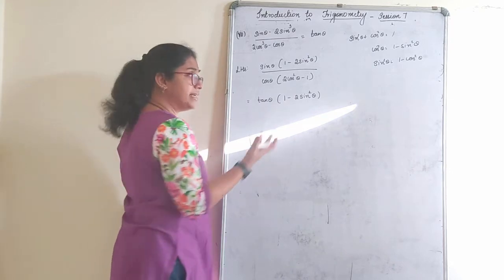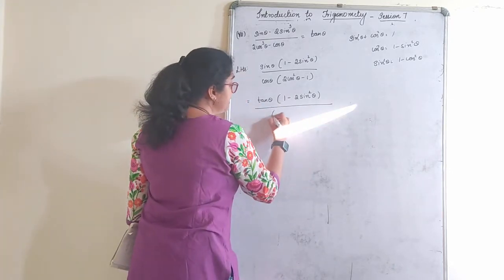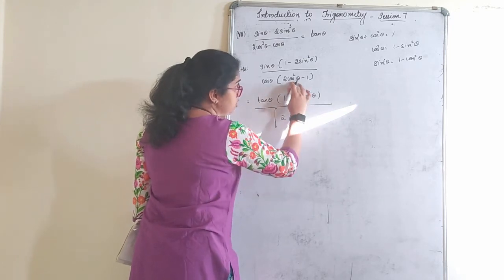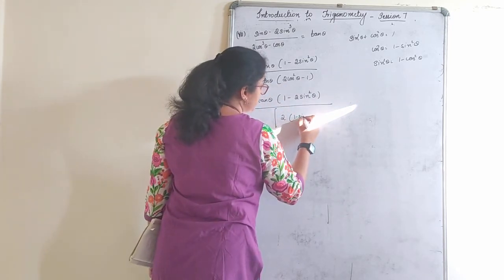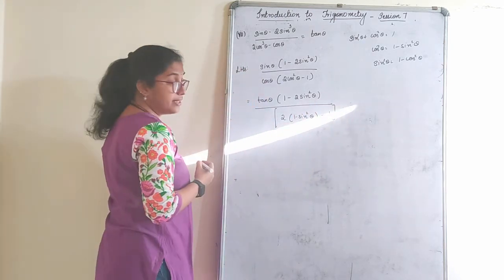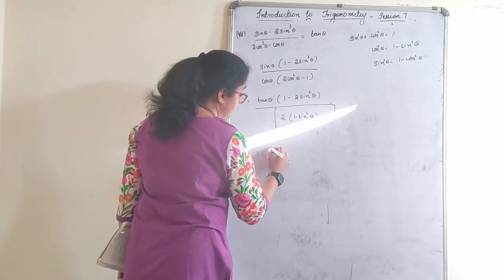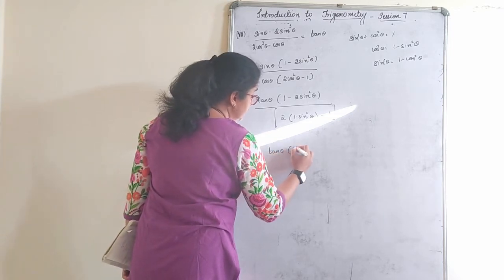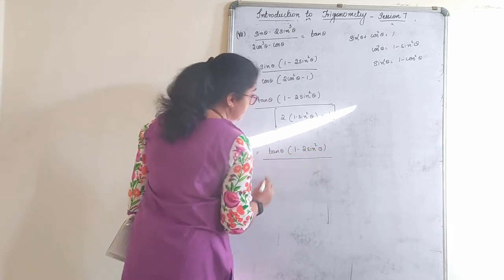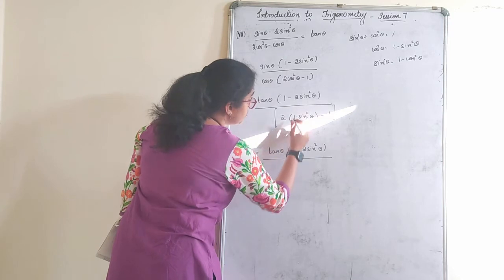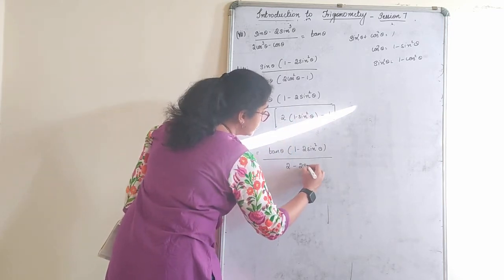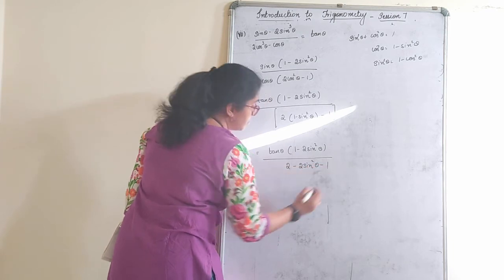Again the whole thing is multiplied by minus. You can always do it. Divided by 2, keep it as it is. What is cos square theta? 1 minus sin square theta, minus 1. Done? This is equal to tan theta times 1 minus 2 sin square theta divided by, multiplying, 2 into 1 is 2, 2 into minus sin square theta is minus 2 sin square theta, minus 1.